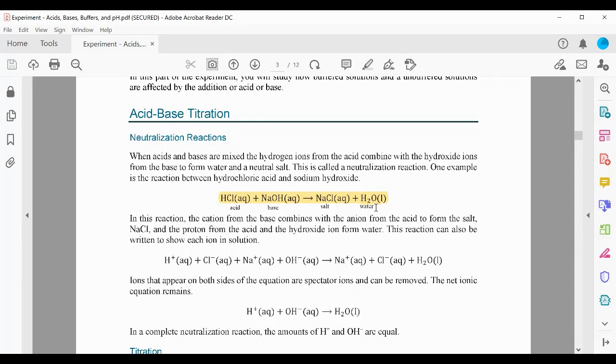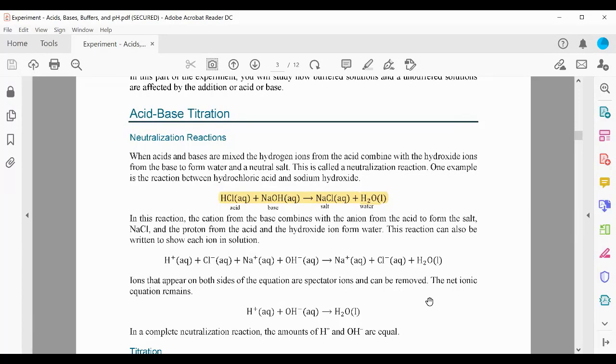That is called neutralization. And what is titration? Titration is just a method to determine the concentration of an unknown, which is our analyte. Our analyte is the unknown.